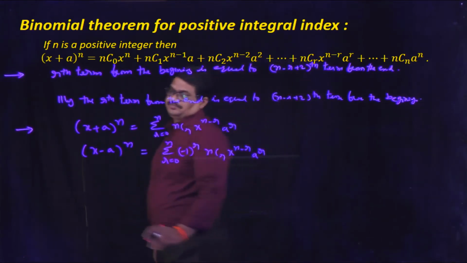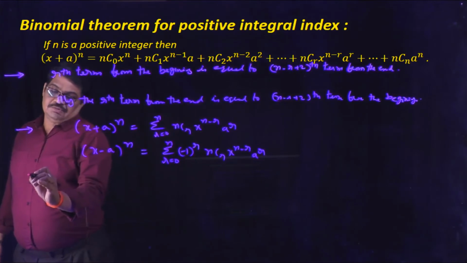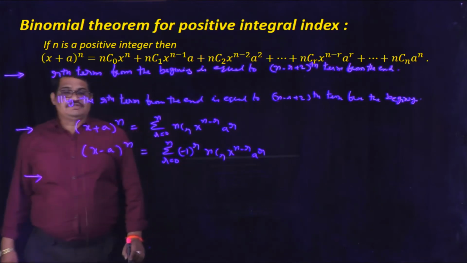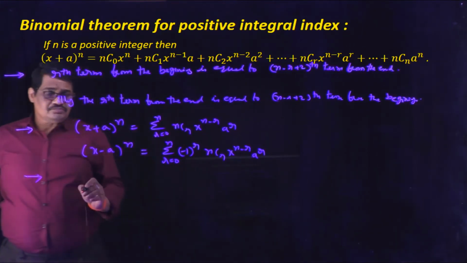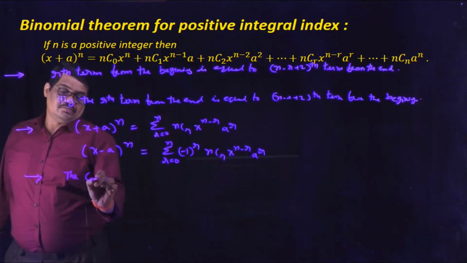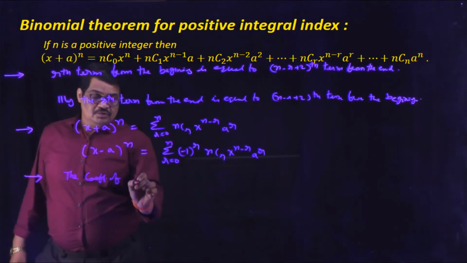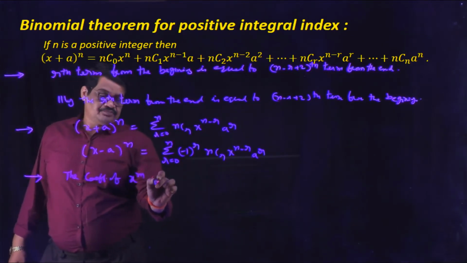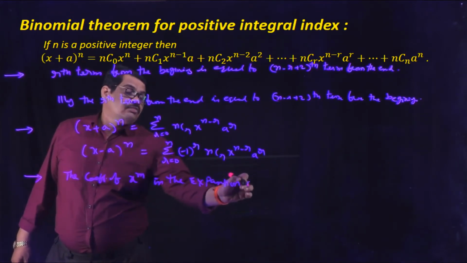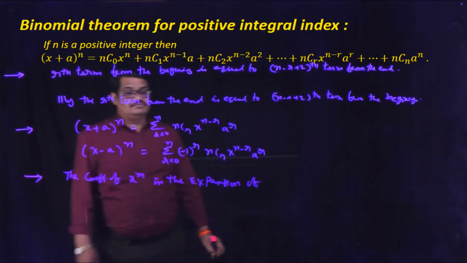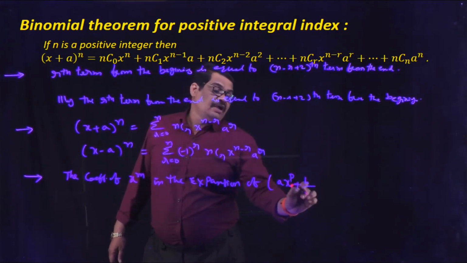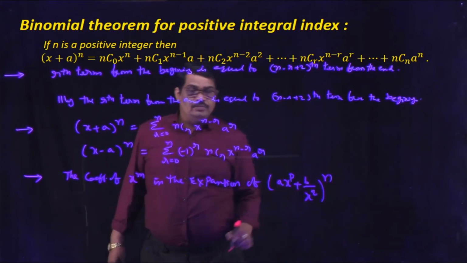Next point is what is the coefficient of x to the power of m in the expansion of a x power p plus b by x power q whole to the power of n.